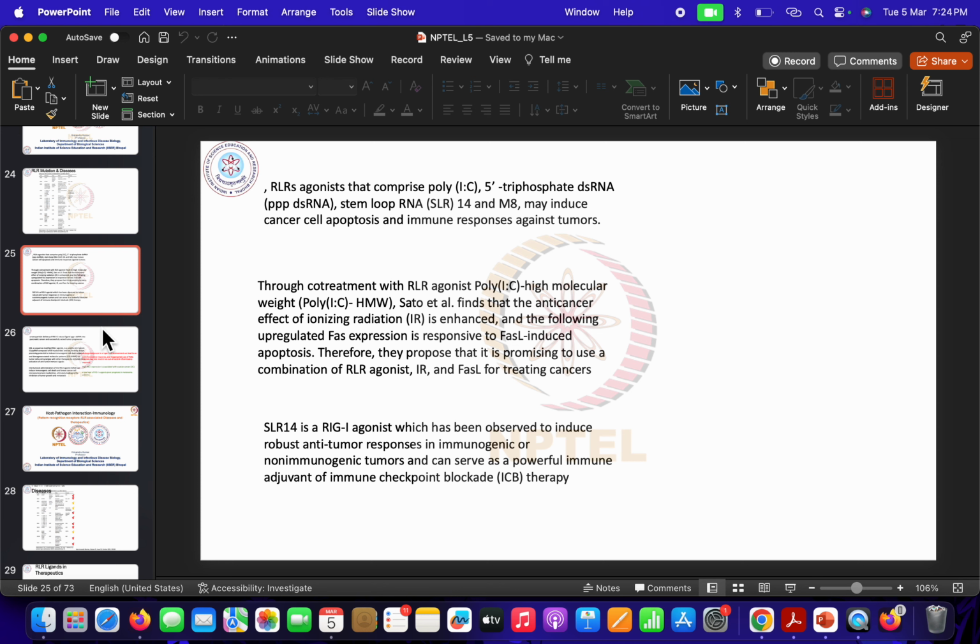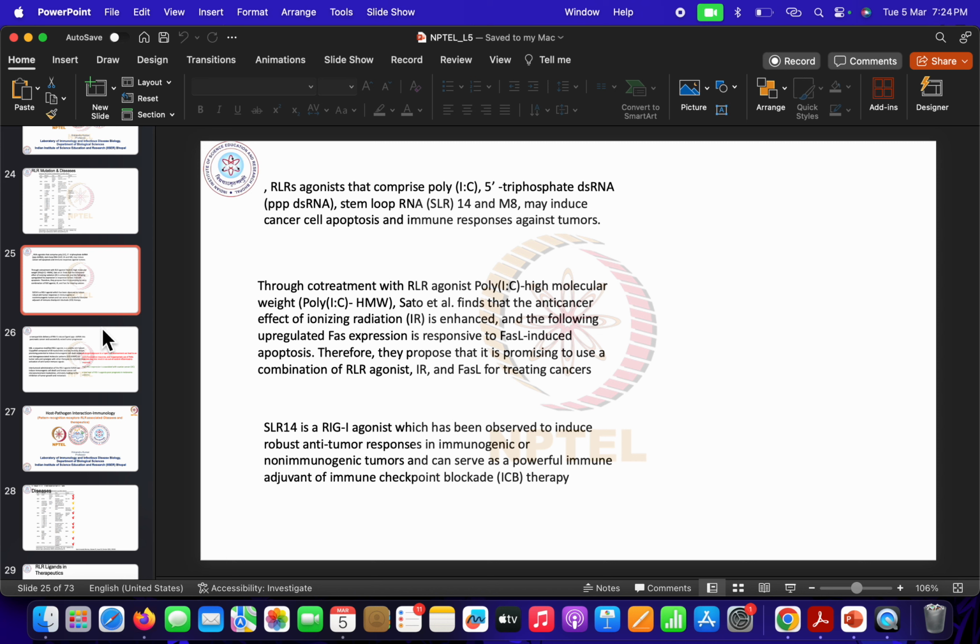So SLR14 is a RIG1 agonist, which has been observed to induce robust anti-tumor responses in immunogenic or non-immunogenic tumors and can serve as a powerful immune adjuvant. Okay. So what was the question? Please repeat.